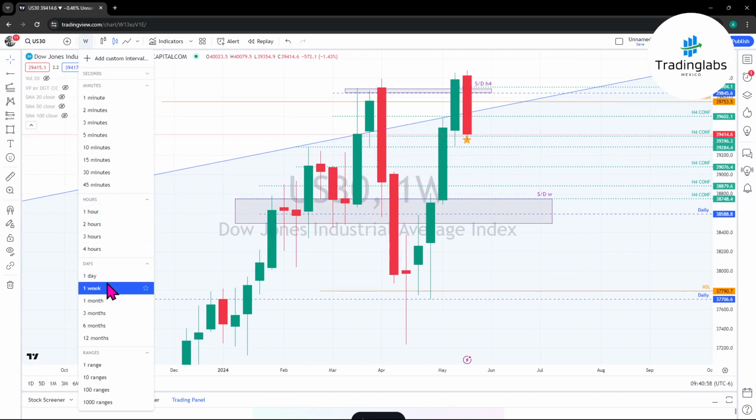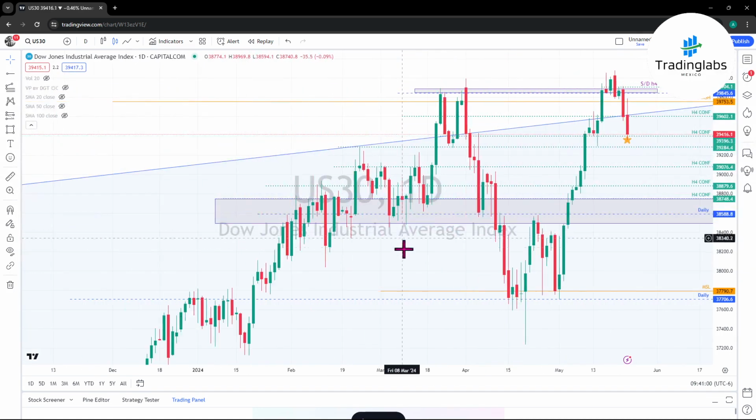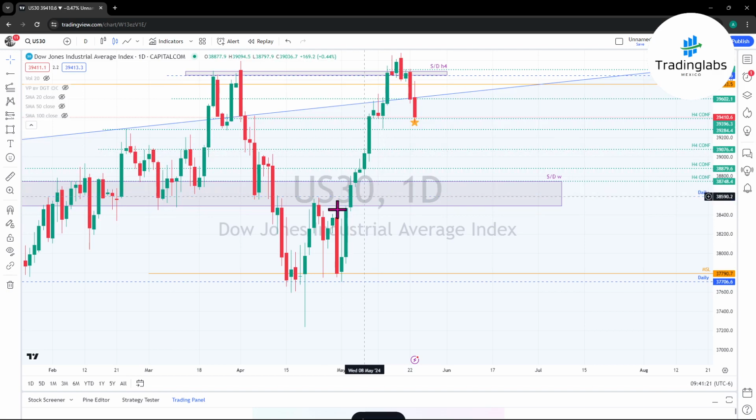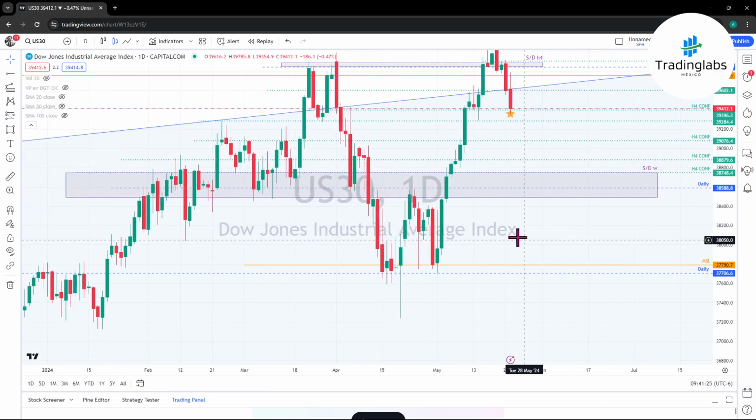So go to the daily. This is a zone where, in this zone plus this daily support, the price goes up, and below this zone I was looking for shorts. I did a lot of shorts here, and above this zone I did a lot of longs right over here.